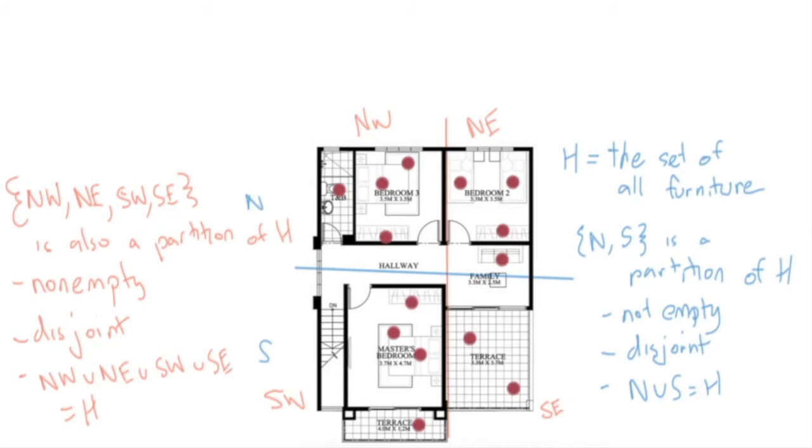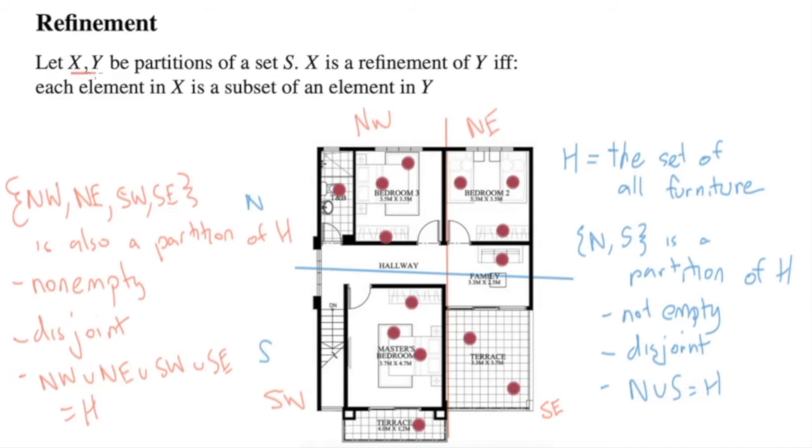So let's look at the definition of what refinement means. X and Y are two different partitions of a set S. X is a refinement of Y, right? So one of the partitions is a refinement of the other one.